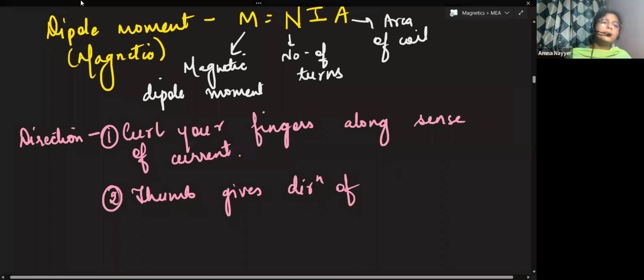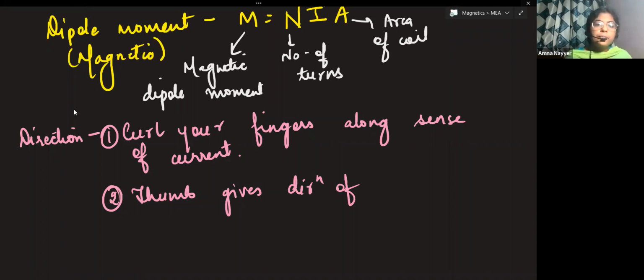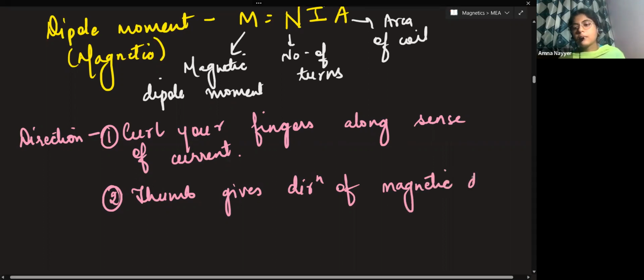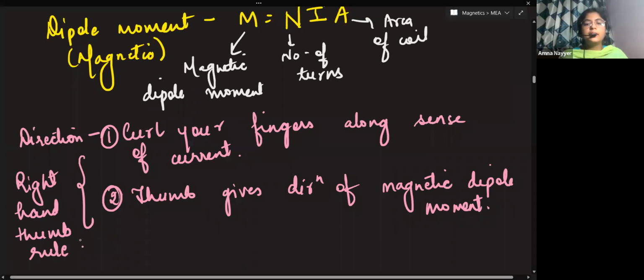We are calculating the magnetic moment here, so it will be the magnetic dipole moment, or even if it is without dipole. But remember one thing, this is also the right hand thumb rule. So don't forget to use your right hand. All right. Just note down this as well.